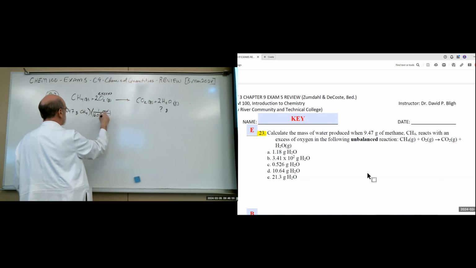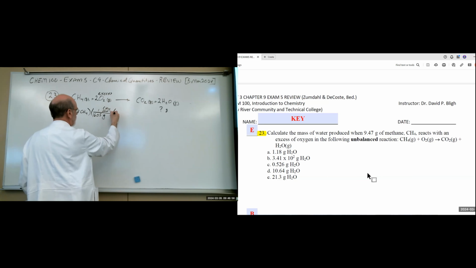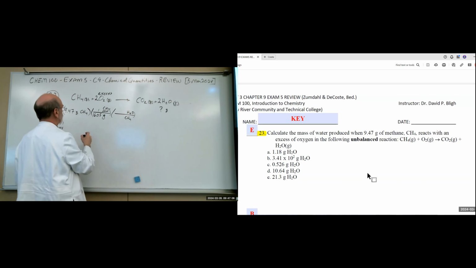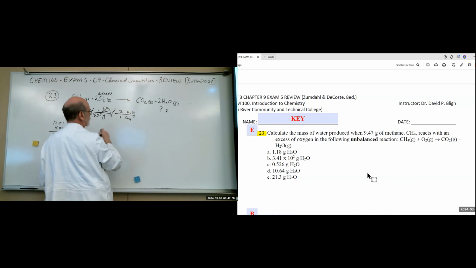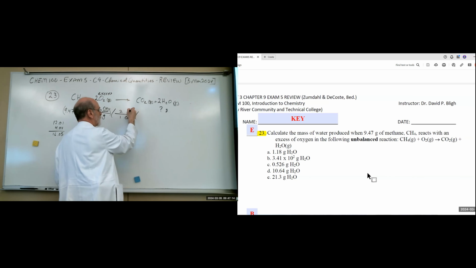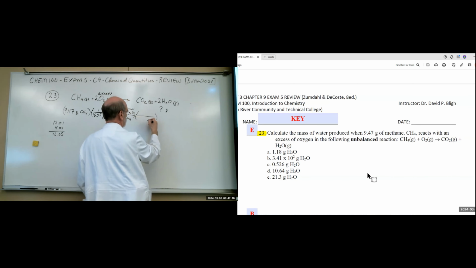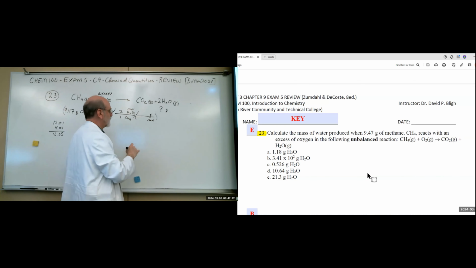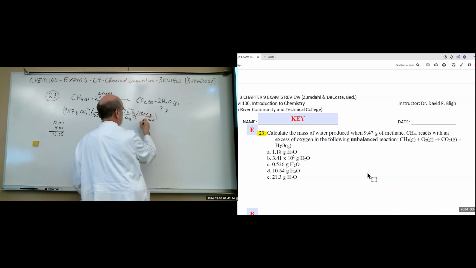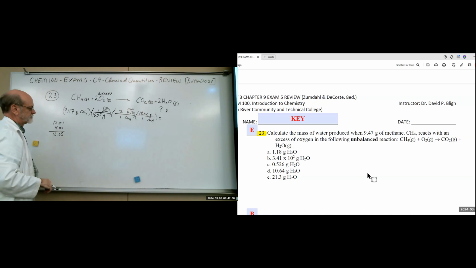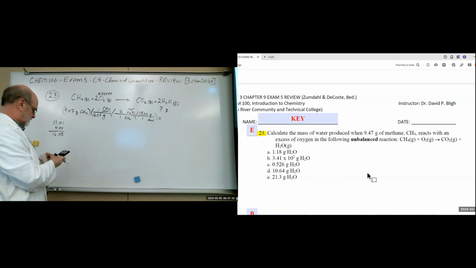Right? That changes to moles of methane. Now we want moles of water. Okay, and the ratio is 2 of these, 1 of those. Cancels that. Now we need to convert moles of water back to grams. And the molar mass of water, we've done that so many times, got it memorized. Right? That'll give us grams of water. So we can do it all in one calculation.